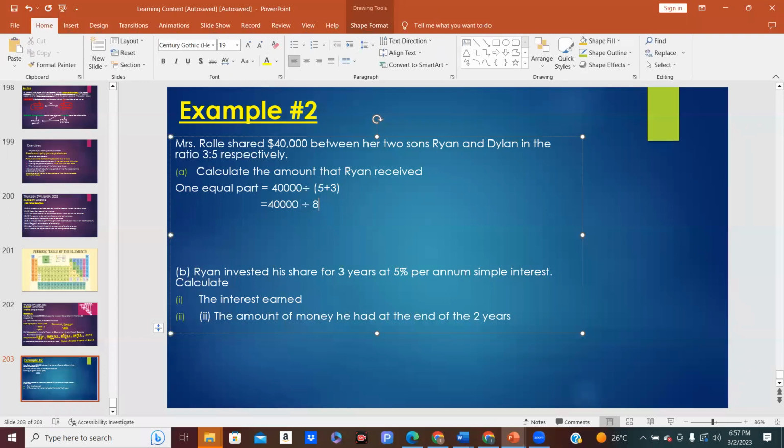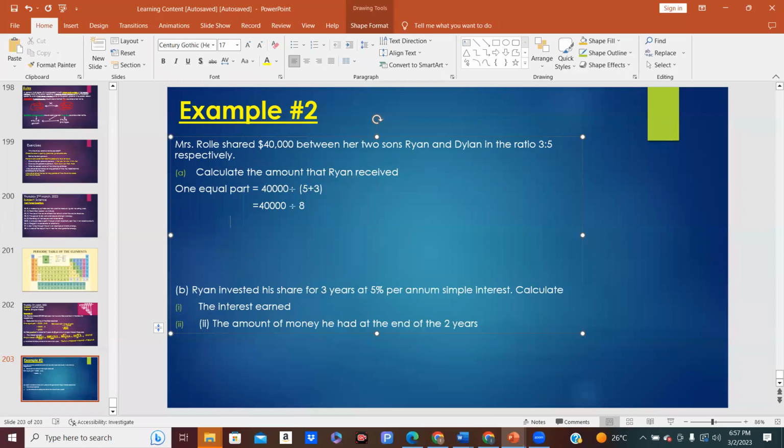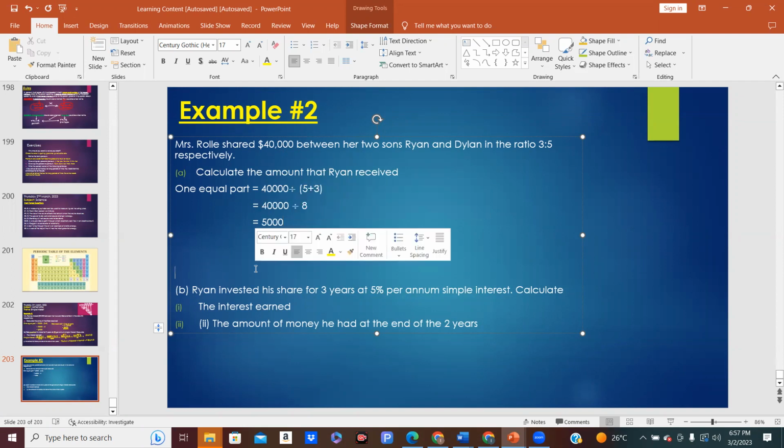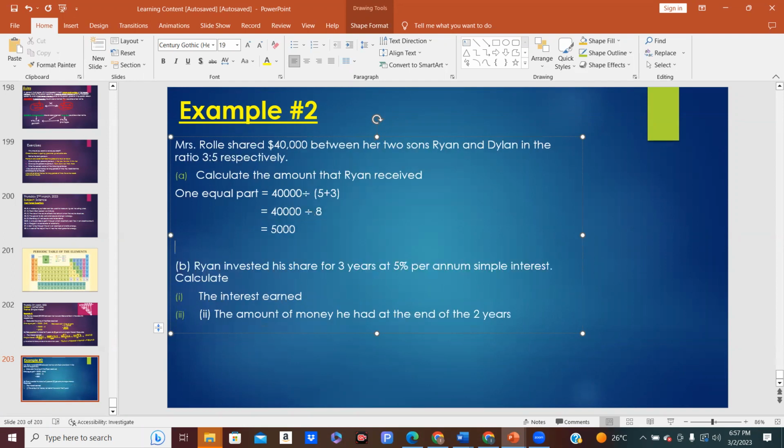That one should be simple. 5,000, most definitely. Okay, good. So are we done? We got one equal part. What else do we need to do?